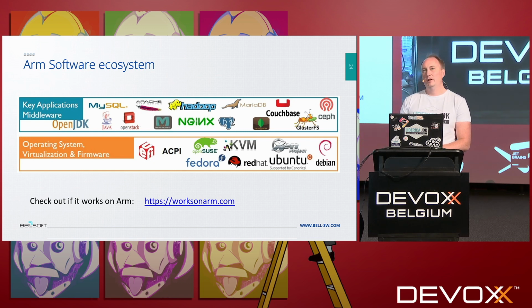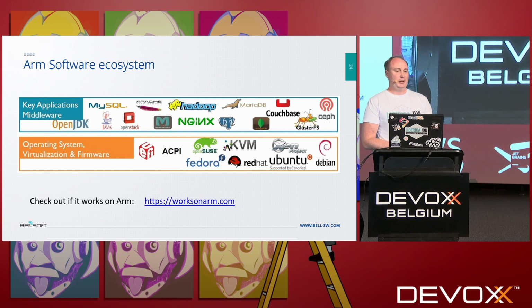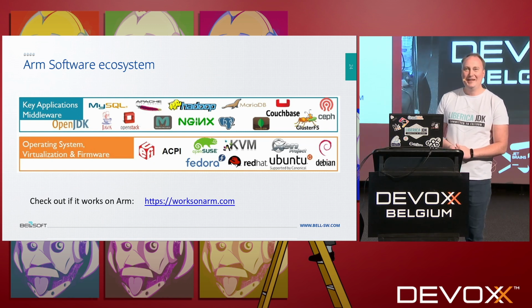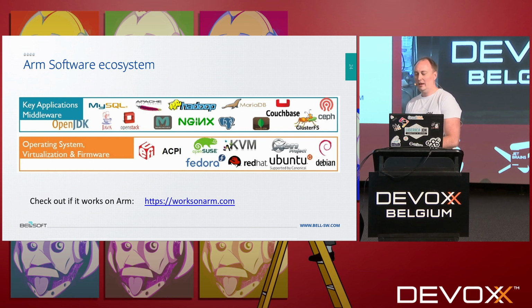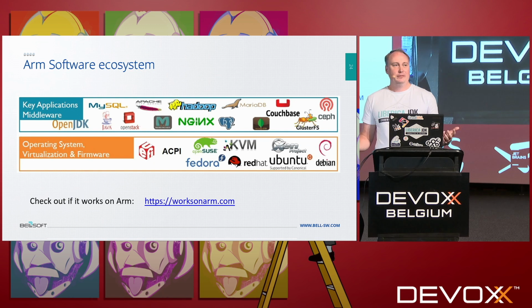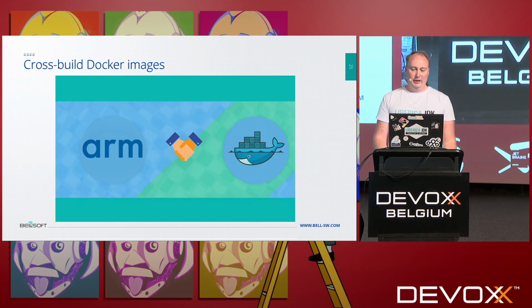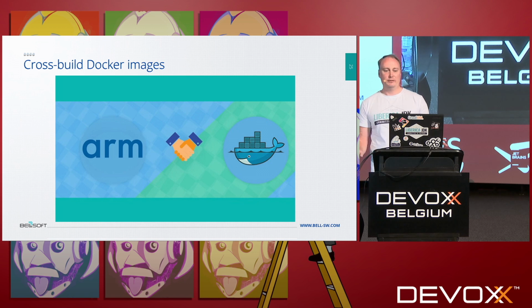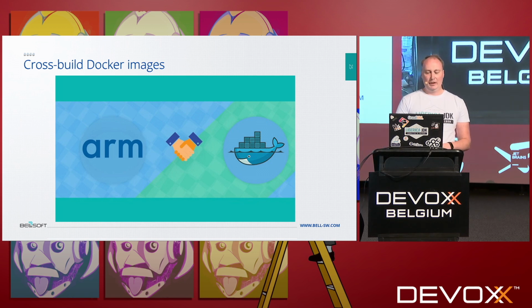Of course, you will probably like to run Linux, and of course Java. And today, typically, we use something like Docker, right? And ARM and Docker made it easier for us because now you can cross-build ARM Docker images on your x86 machines, which is cool.